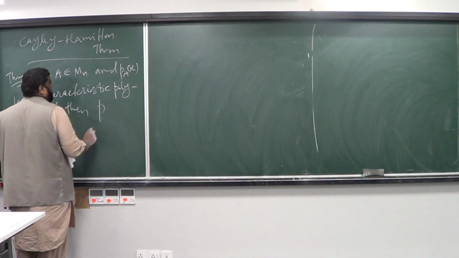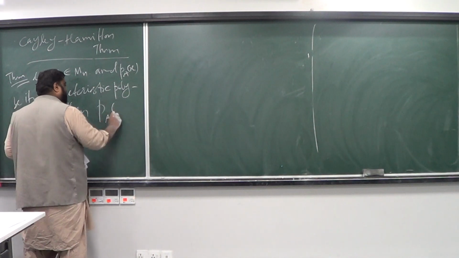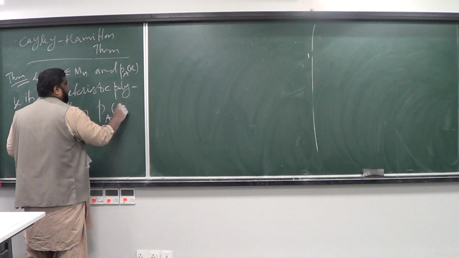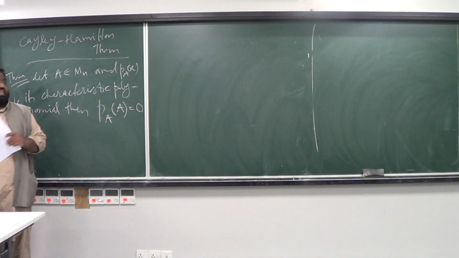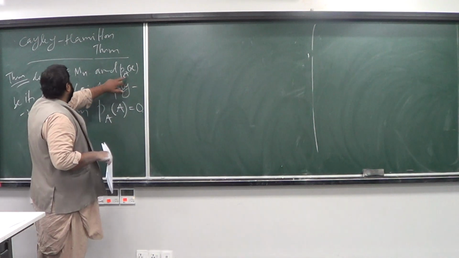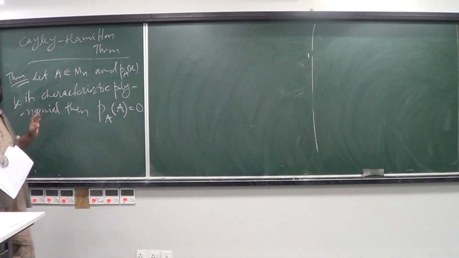Then, if you evaluate the characteristic polynomial at the matrix A, you're going to get 0. In other words, the characteristic polynomial is an annihilating polynomial for the matrix itself.